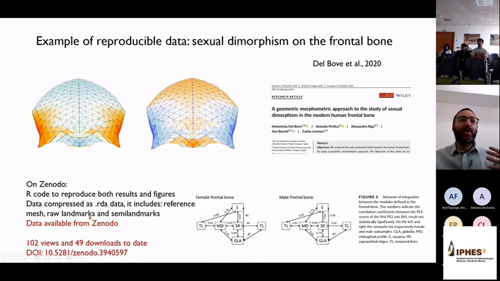So in this way, by providing just two single objects stored on Zenodo, we were able to ensure that all the analyses that we reported in the paper are replicable by other researchers. And we also shared all the methodological design that we applied in this case.